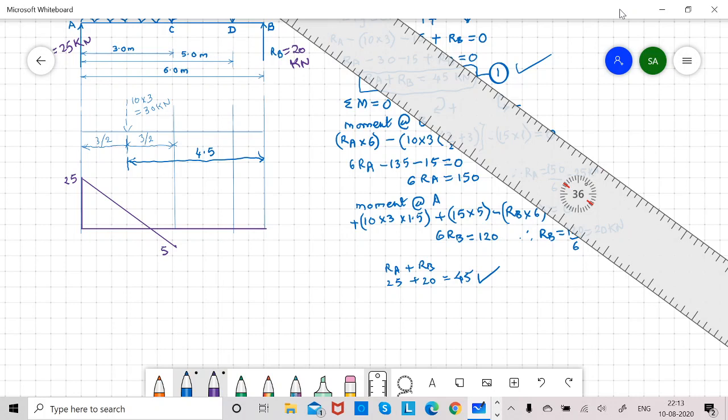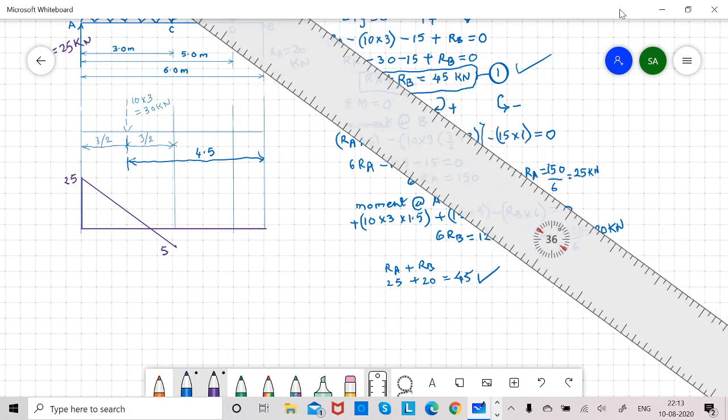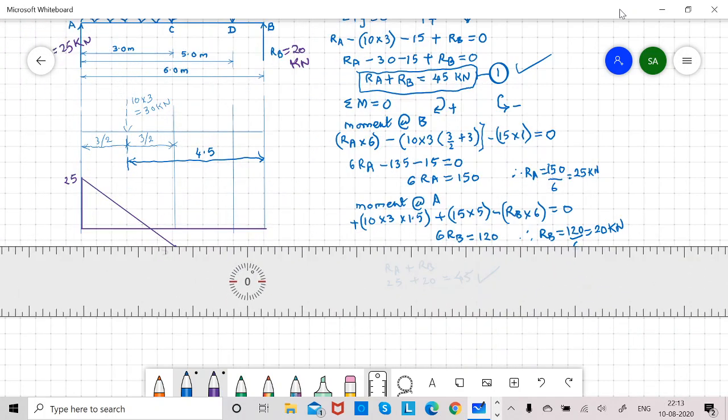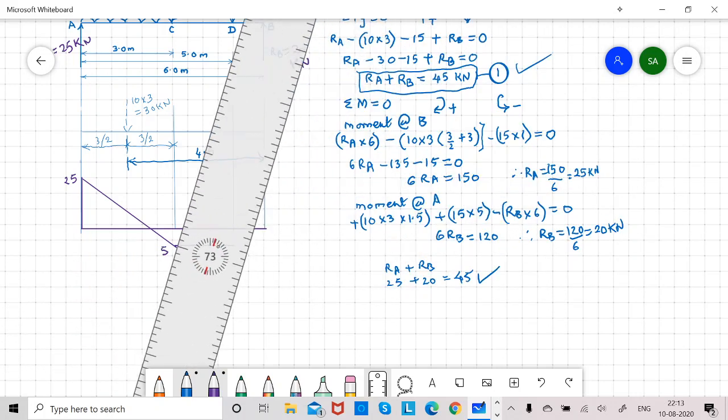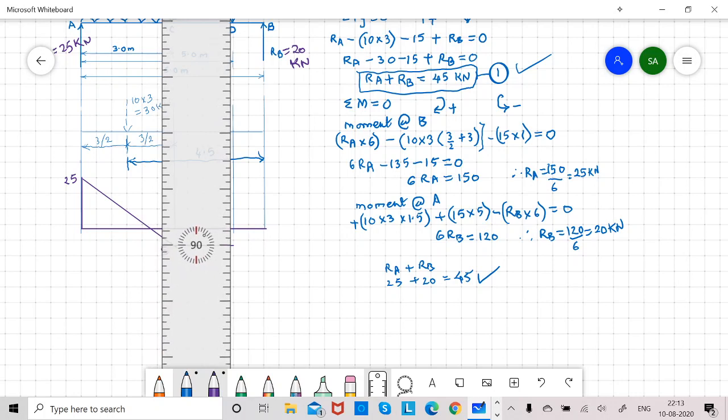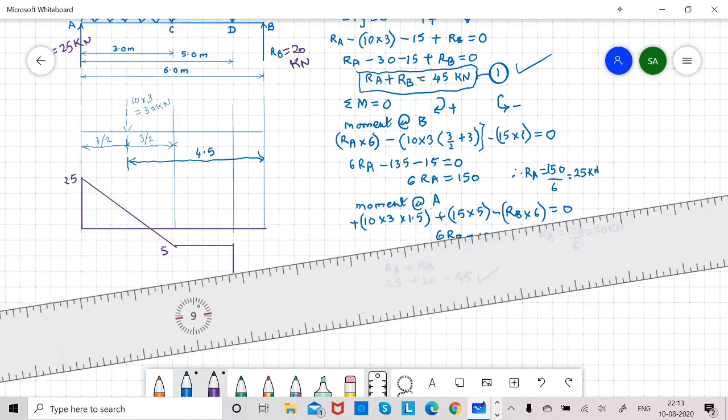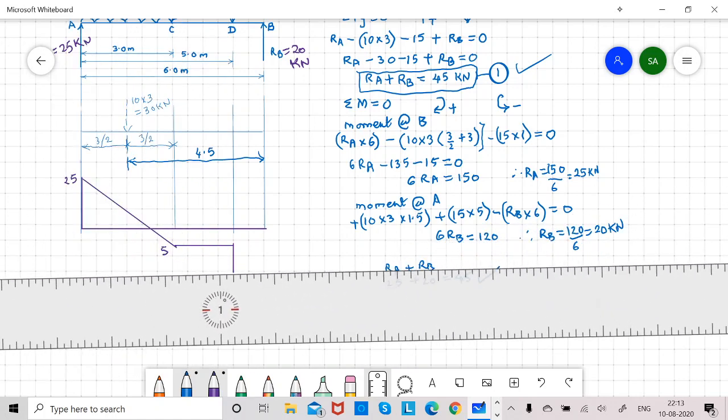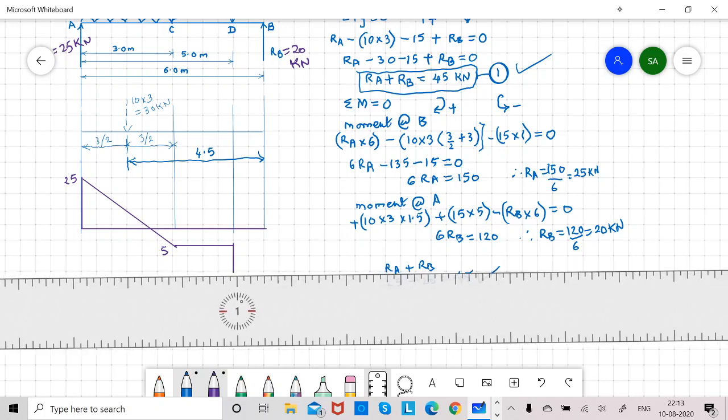I will repeat, RA 25, and then from A to C there is a gradual drop of 30 kilonewton. So 25 minus 30, minus 5. From C to D there is no change, straight horizontal line. At D there is a drop of 15 kilonewton. And from D to B there is no change, so straight horizontal line.